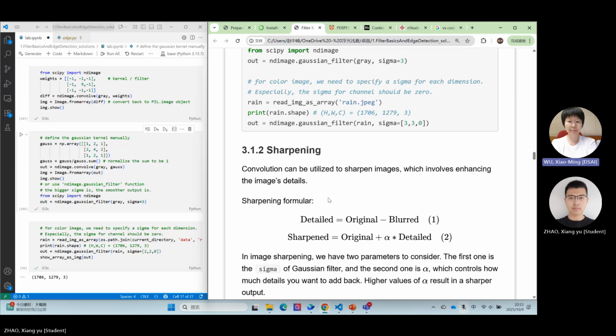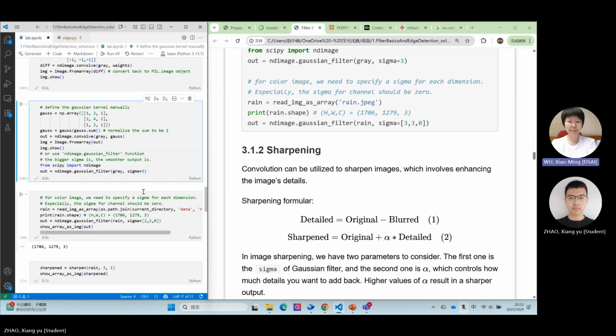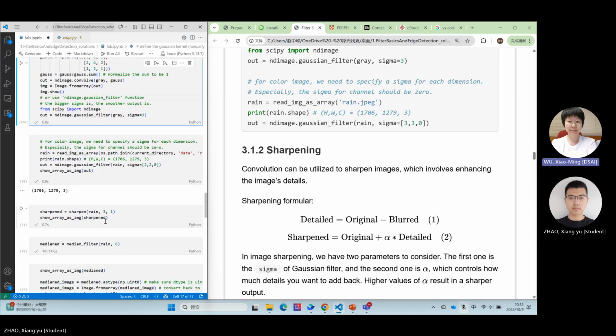We can use this formula. The details means that using the blurred and the original images, we can get the detailed images such as this. Okay, we can see the example.